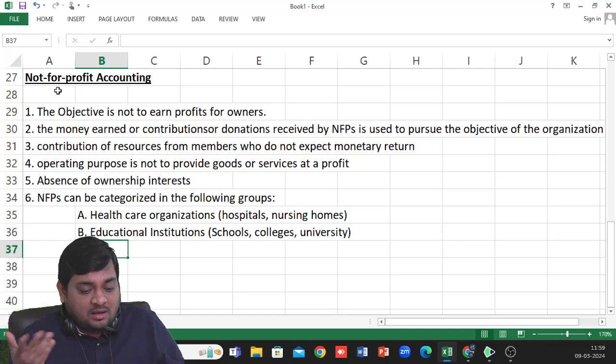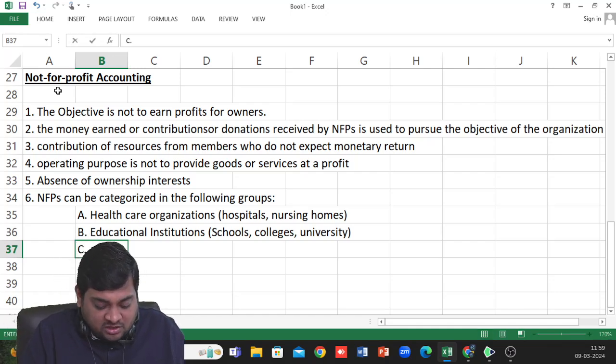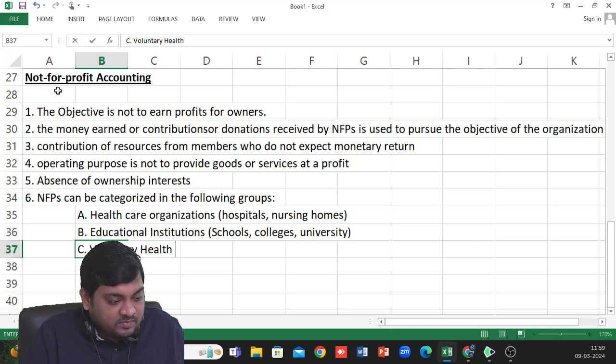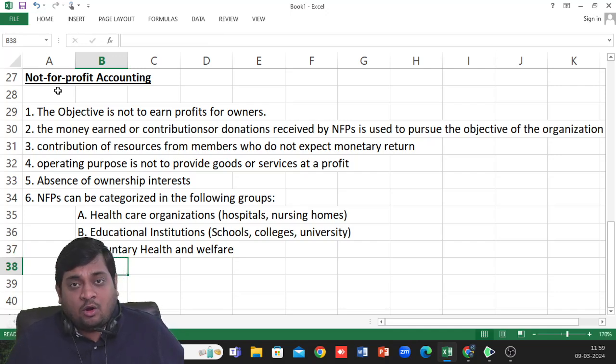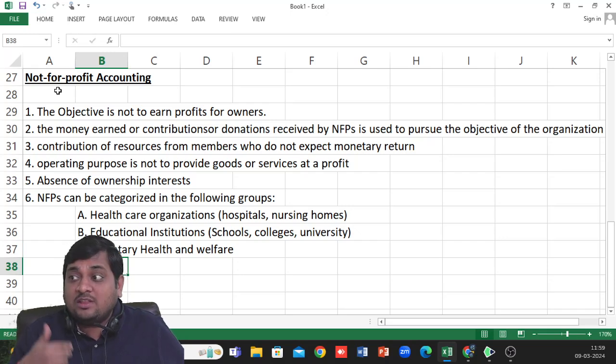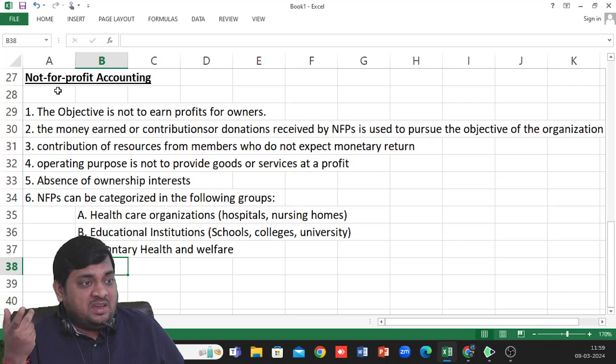There are so many organizations, right? Those who provide voluntarily health and welfare. Now, apart from this, we have other not-for-profit organizations like your institute, AICPA, right?